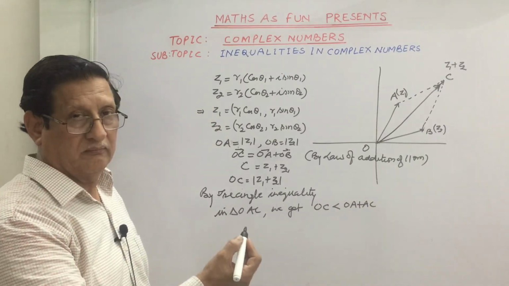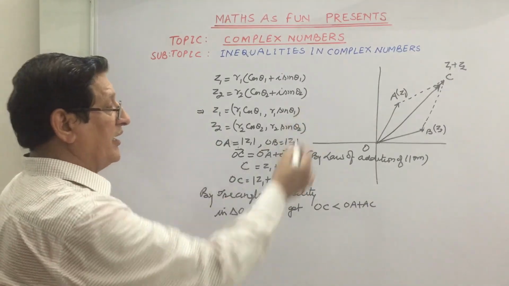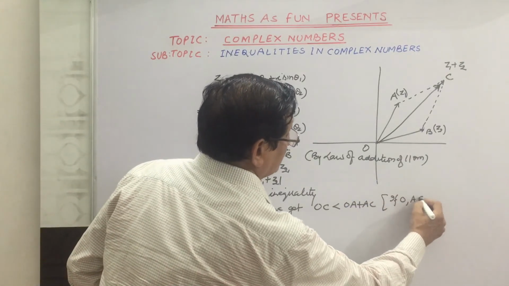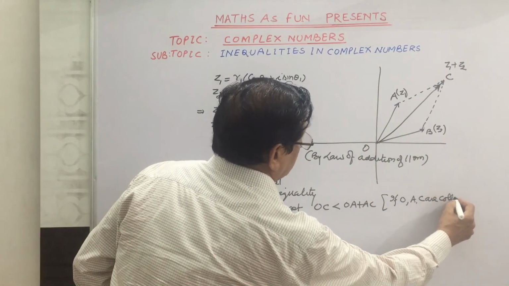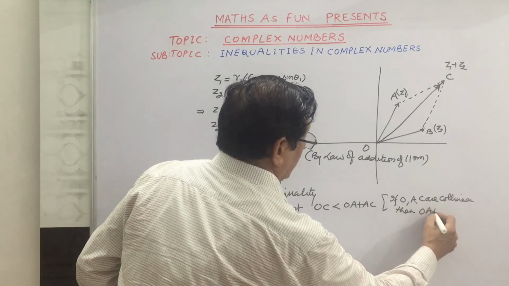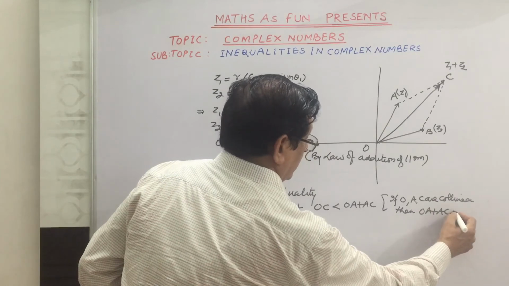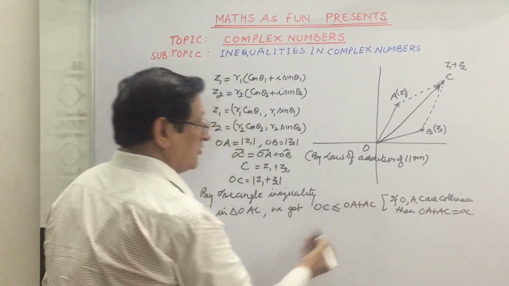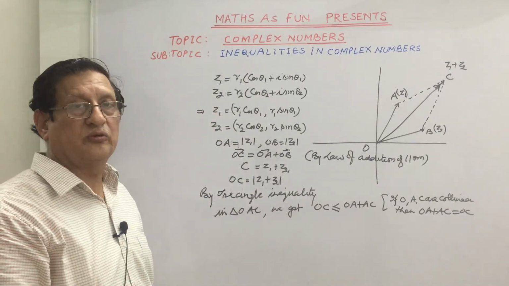But if O, A and C are collinear, then OA plus AC will be equal to OC. So we can use the sign of less than or equal to here.